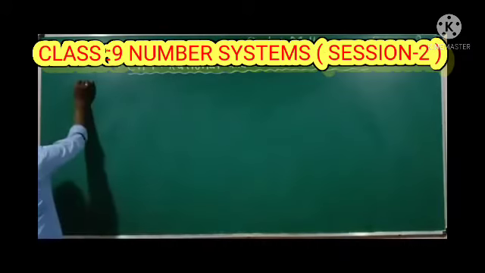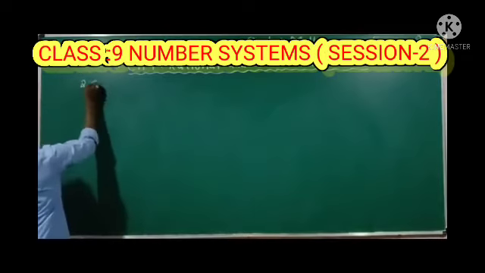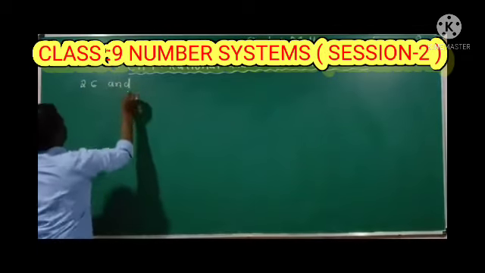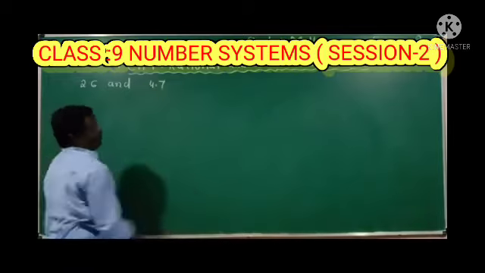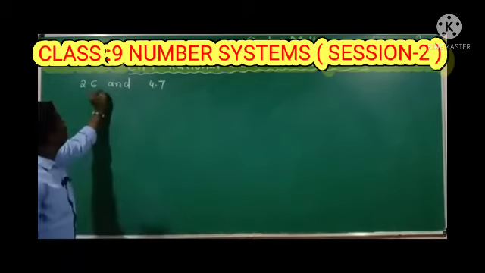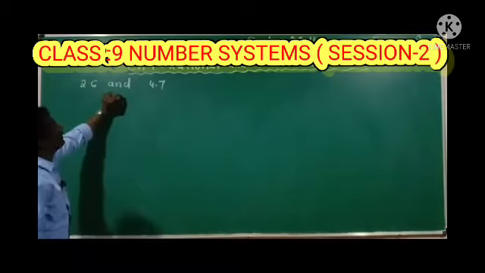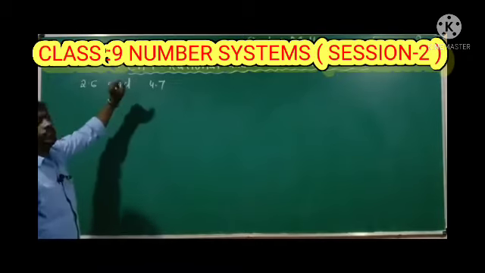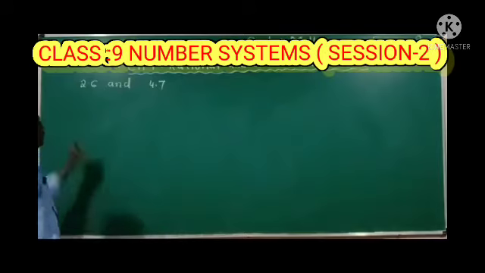Write the rational numbers between 2.6 and 4.7. So these two numbers are the given numbers.